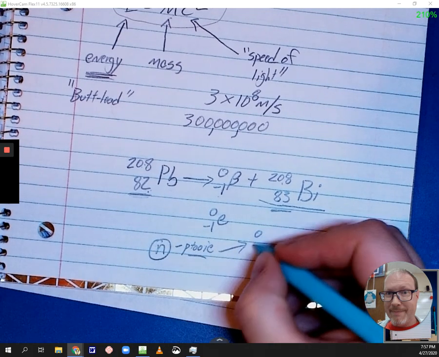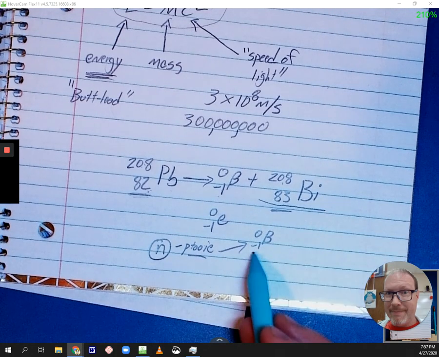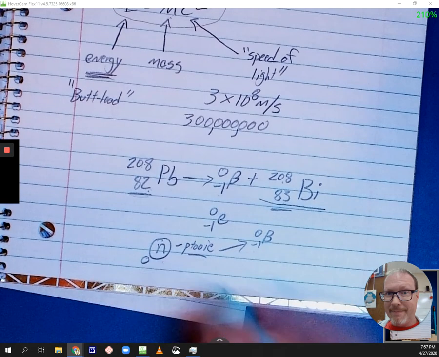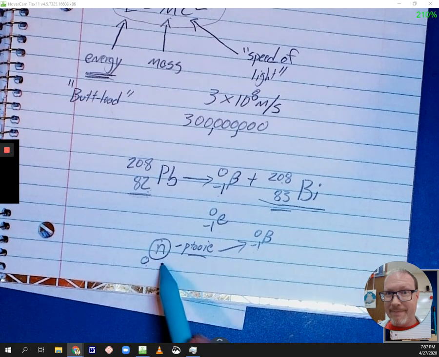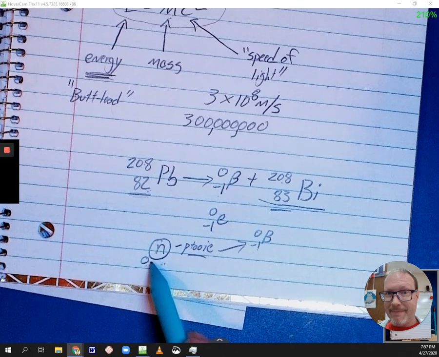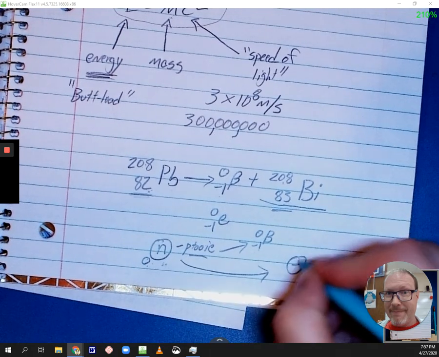He is patooing out a beta particle. Now, when he spits out a negative charge, because he had a charge of 0 to start with, he becomes positive. And you know what you call a particle that's the size of a neutron that's positive? That's right. You call him a proton.